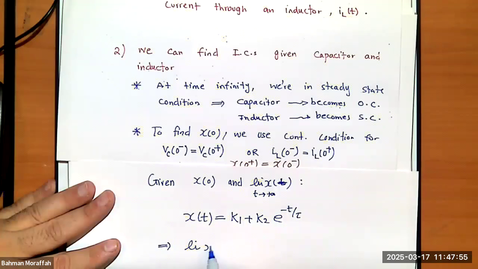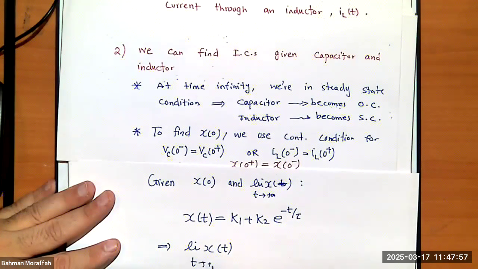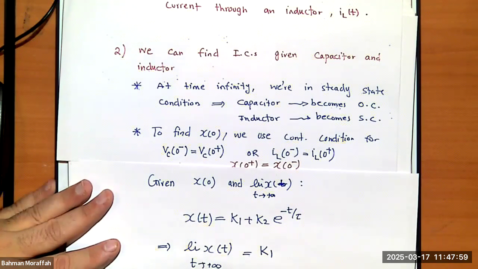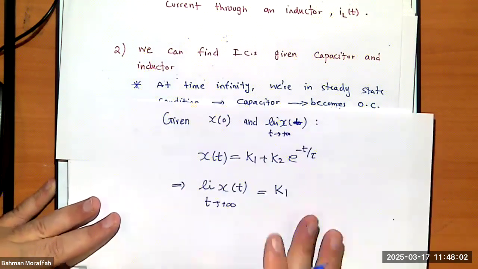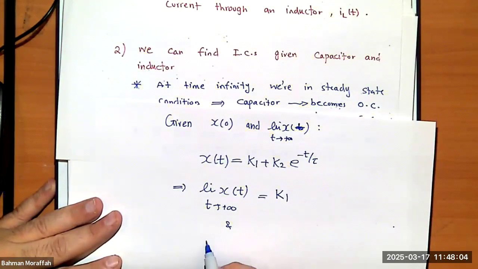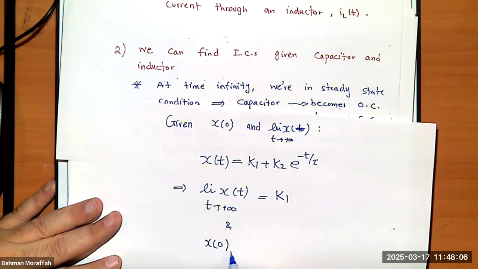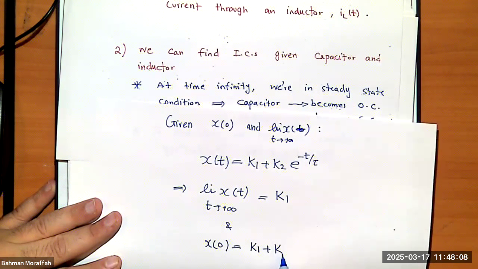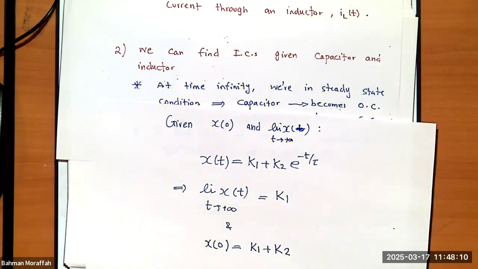Therefore, the limit of x(t) when t goes to infinity is k1, and x at 0 is k1 plus k2, right?